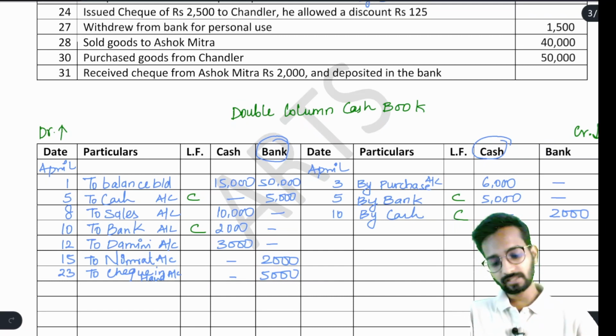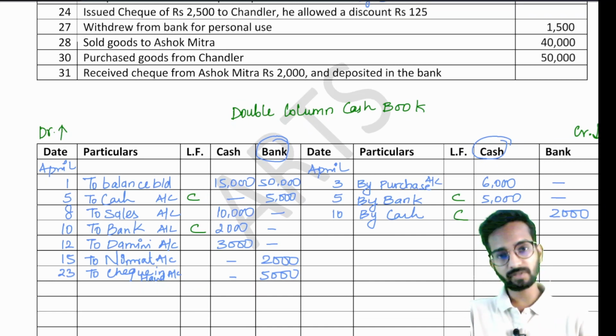So we can say that I have already issued the check and there is no other information. It means Chandler would have deposited into the bank account, and from my bank account I am reducing the 2,500 because I have given him the check and it will be reduced.